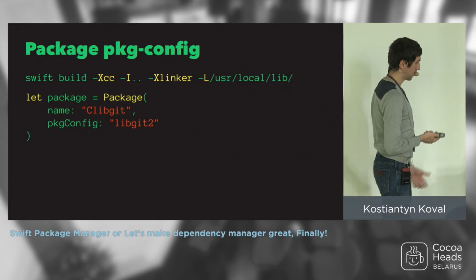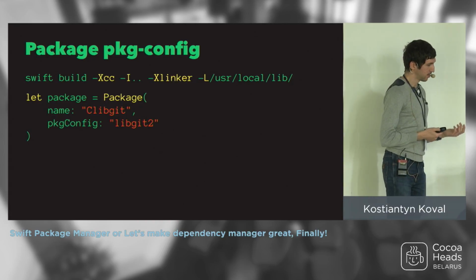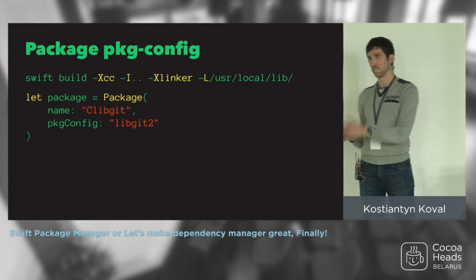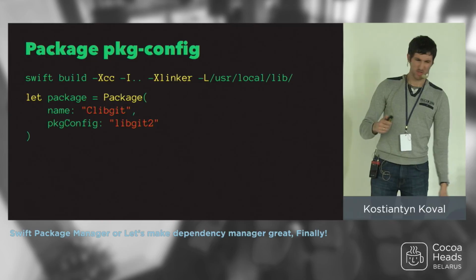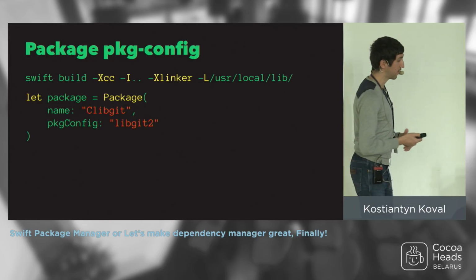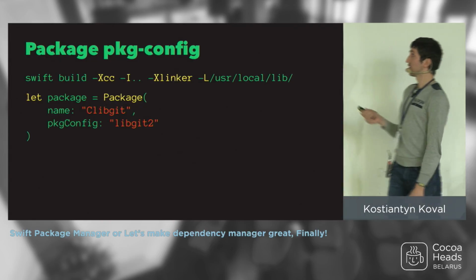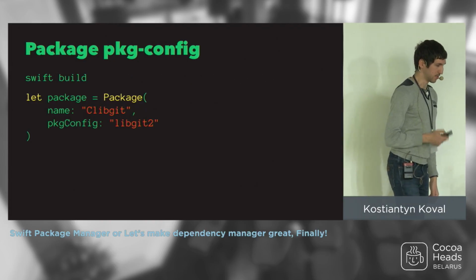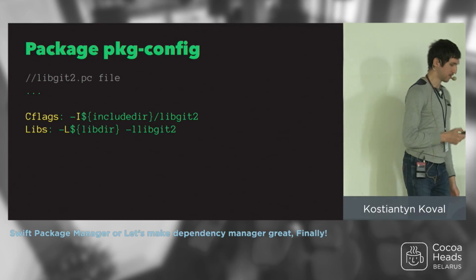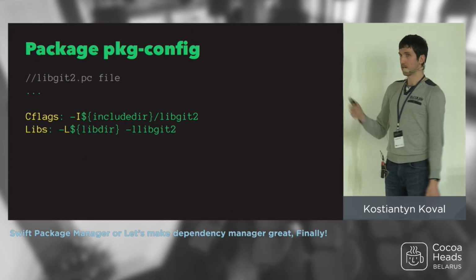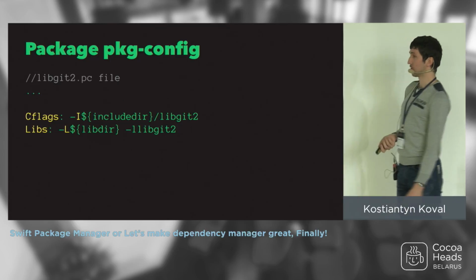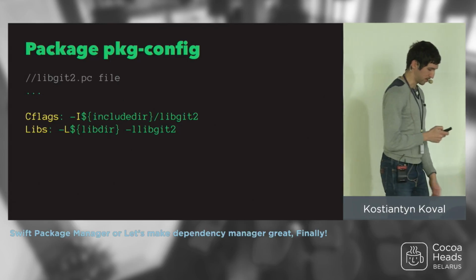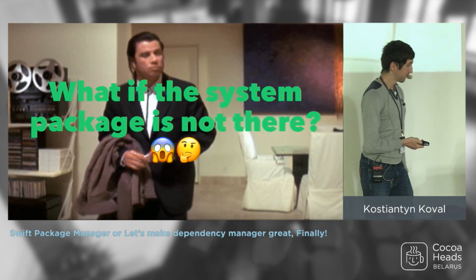When you install some package or tool with Brew or MacPorts, or in different ways, it almost always comes with this pkg-config file, so you can just say use this pkg-config file, and then I don't need to specify anything. If you go inside, it's just a file in a default location on your machine, which describes what flags to pass. So we reduce the complexity of the build tool a lot by this.